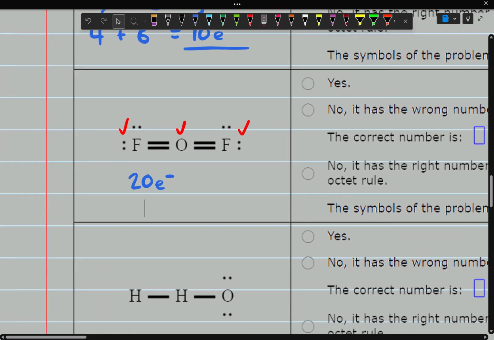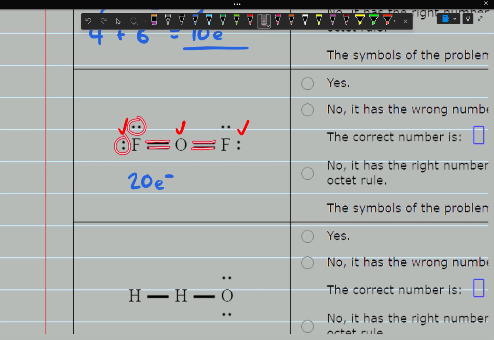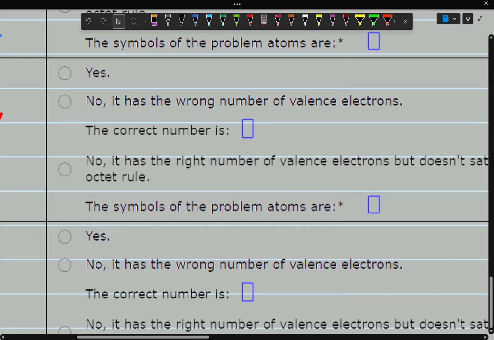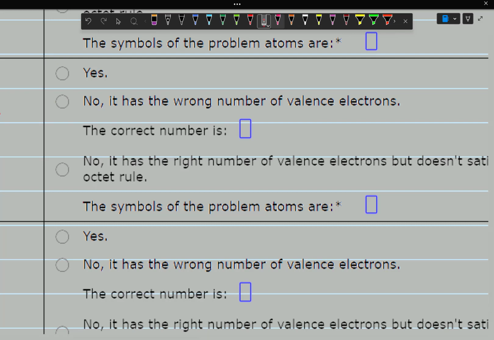Let me double check. 2, 4, 6, 8, 10, 12, 14, and 16. Yep, that's not right. We should have 20. So what do we put for our answer? Well, it's not this one, because we actually, yes, it is that one.